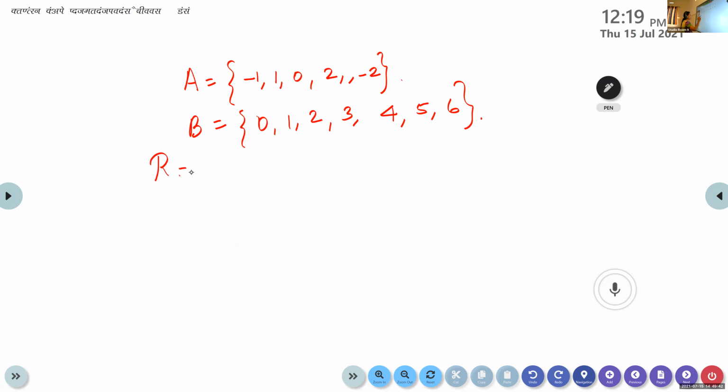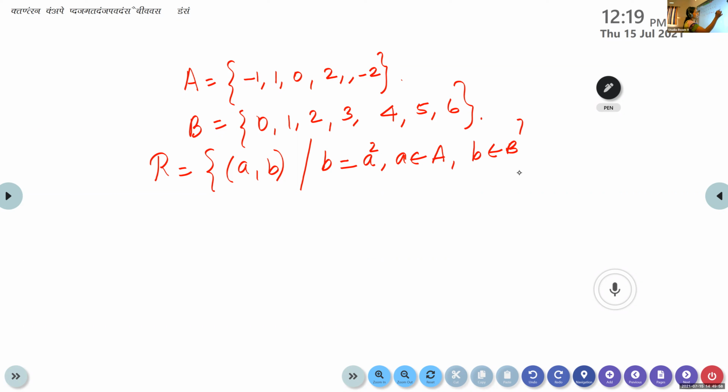Define R as the set of all ordered pairs (a, b) where b is equal to a square, where a belongs to A and b belongs to B.